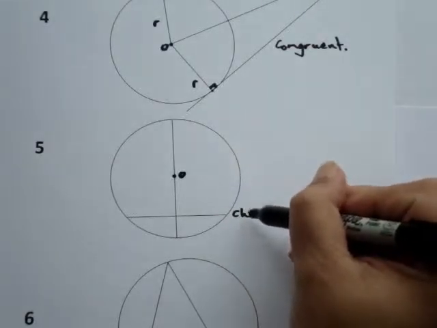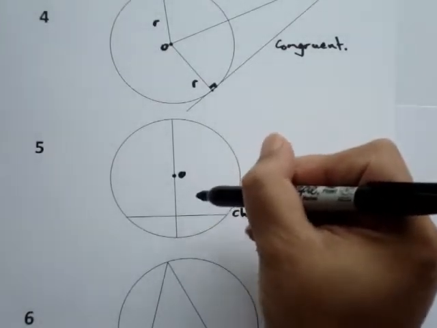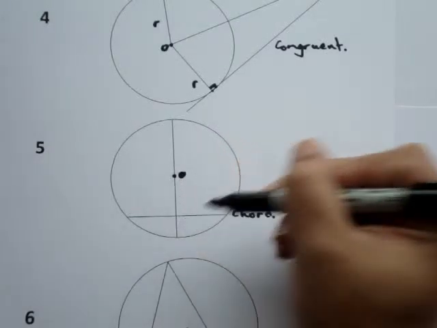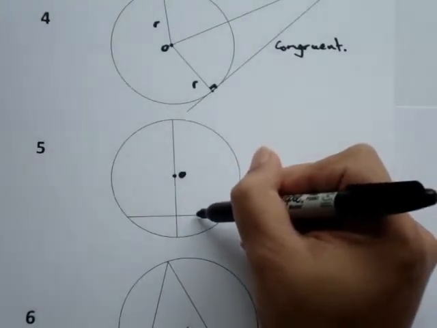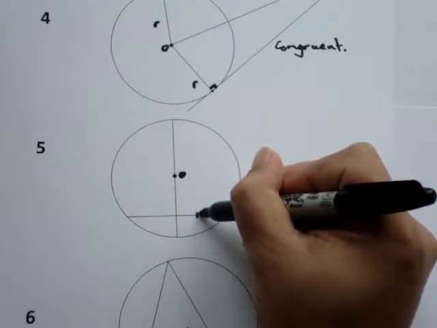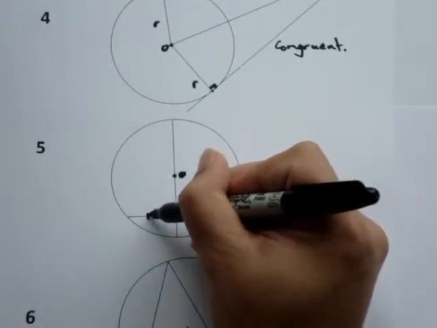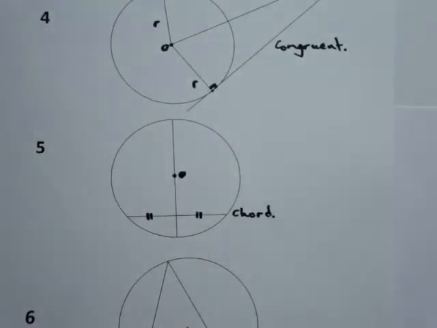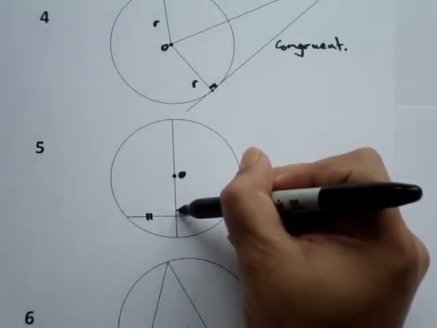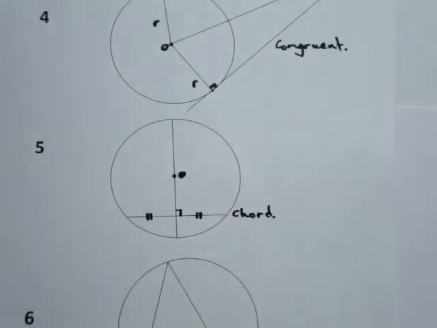So we have a chord, the bisector is a diameter, then the bisector will cut the chord exactly in half. So this length will be the same as this length, and it will go through the chord at exactly 90 degrees.